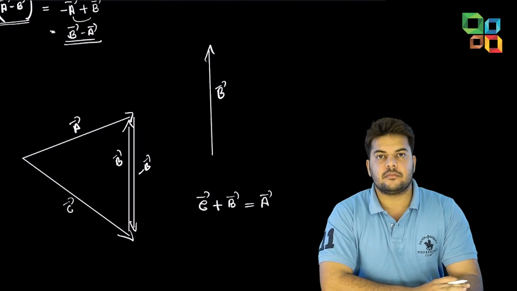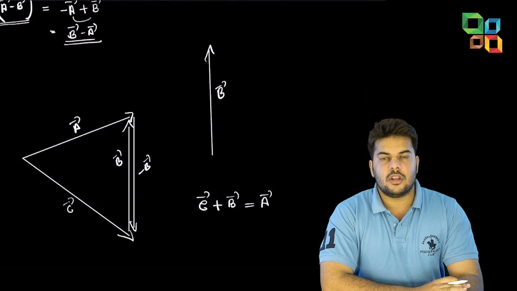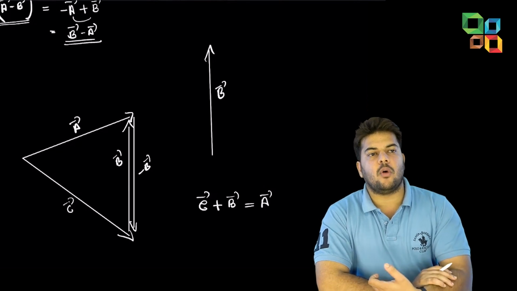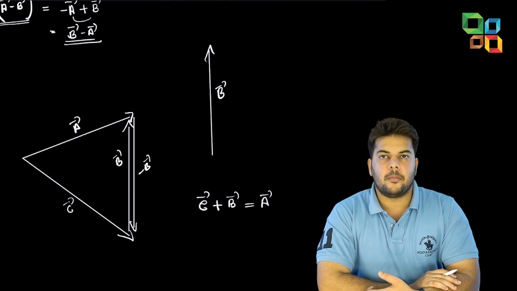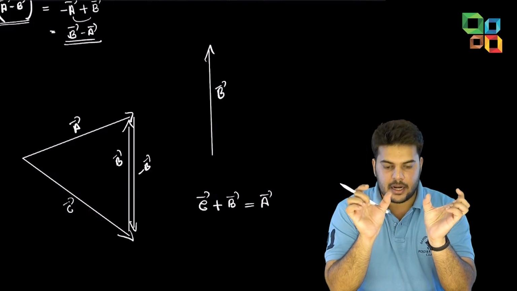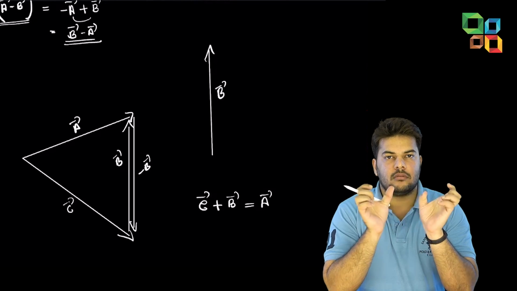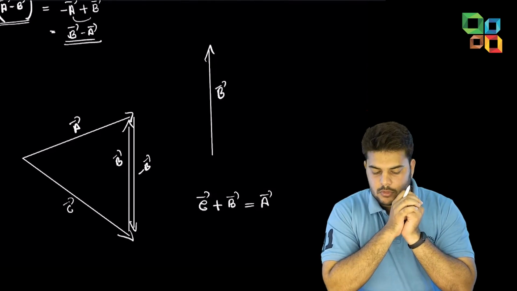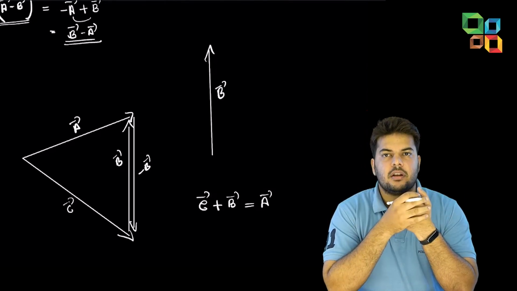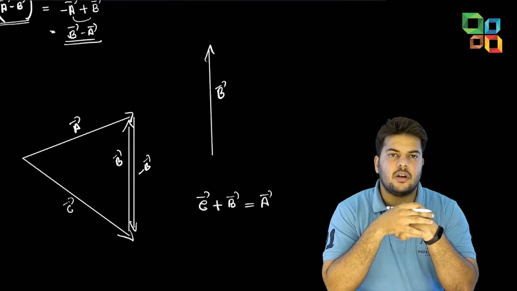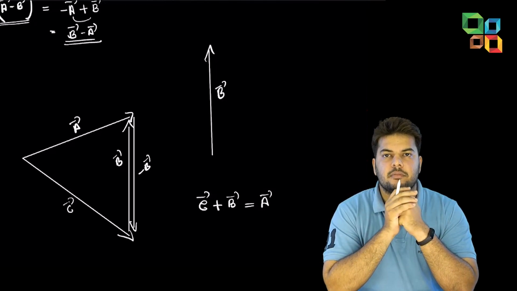Do you agree? Now, what kind of vectors have that property? What vector would have that property? C vector, when added to B vector, we get A vector, right? What must be C vector? No, it can be any vectors. These can be forces. These can be velocities, displacements, whatever.